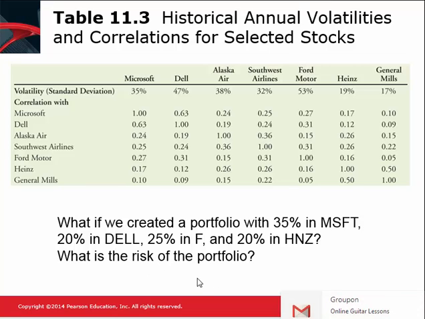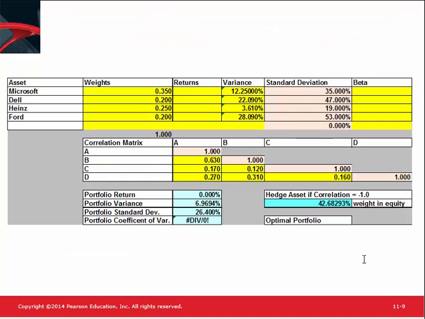What's the risk of that portfolio? Well, if you look at these, we have what? 35% is Microsoft, Dell's 47%, Ford is 53%, and Heinz is 19%. So what happens when we combine these?